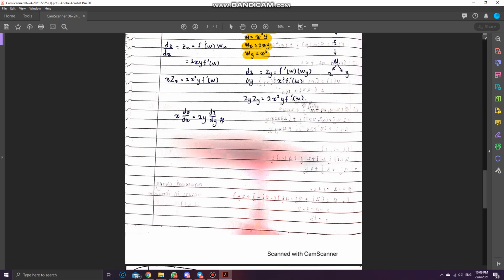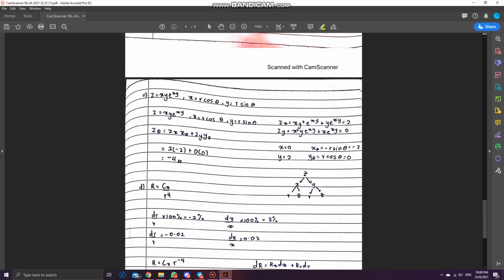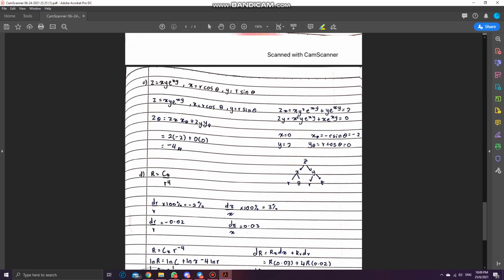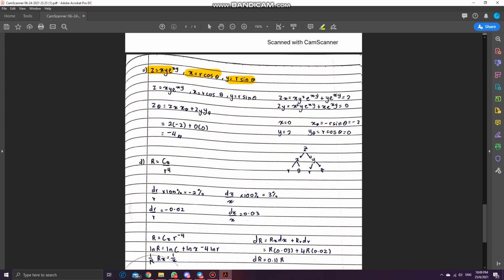So next is question C. Basically z is equal to x y exponent power of sy, and then x is r cos theta and y is r sin theta. So what we are going to do first is differentiate z in terms of x, and differentiate z in terms of y.